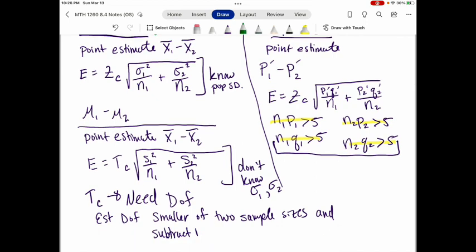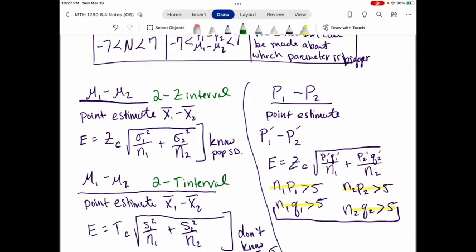If we don't know our population standard deviation, then we're going to use t interval, but we're going to do it for 2 samples. So we're going to do 2-sample t interval. And then for proportions, if we're finding the difference between 2 proportions, we're going to use 2-proportion z interval.